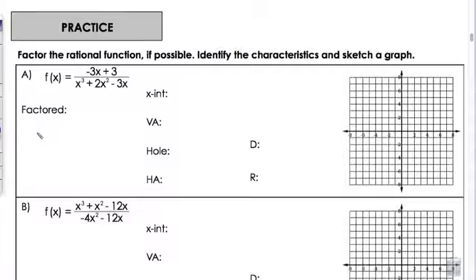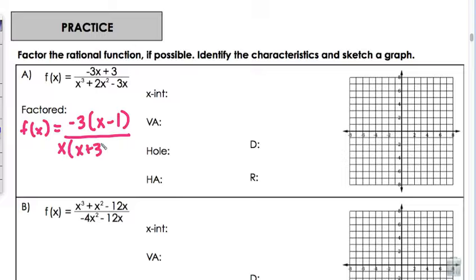So I'm going to factor it, and in factored form it's f of x equals, factor out a -3, x minus 1 divided by x times x plus 3 times x minus 1. All right, it's not simplified yet. I know I can simplify it a little further. I know the x minus 1s will cancel. I'll end up with -3 over x times x plus 3.